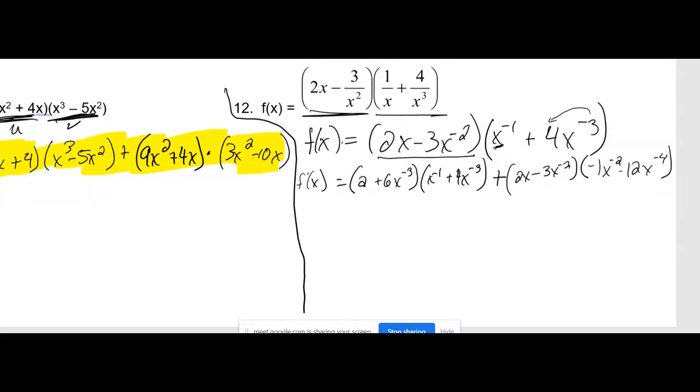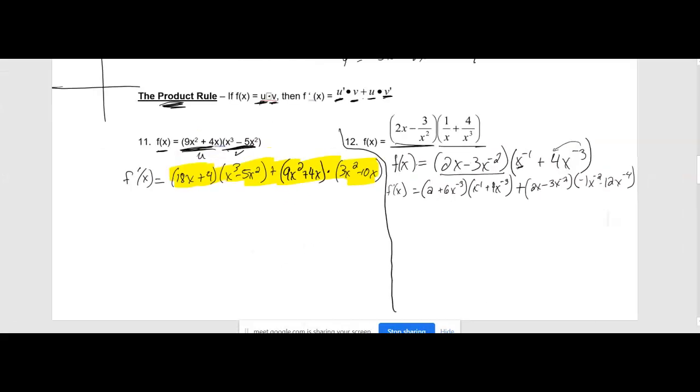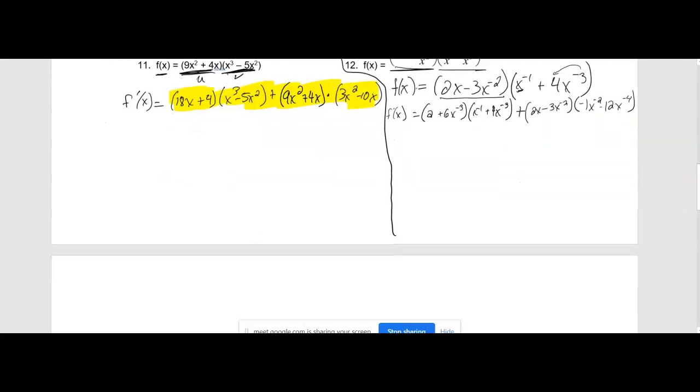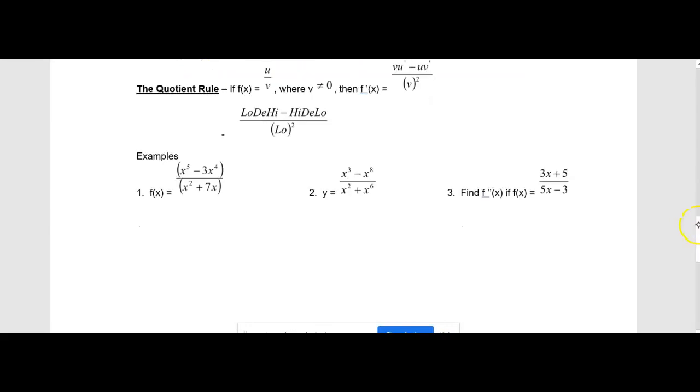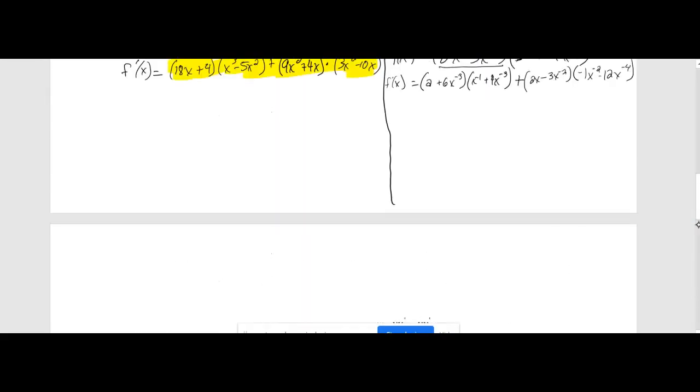For the sake of time and how our current life and world is right now, we're not going to worry about rewriting that with positive exponents or simplifying it even further. We'll move along. What the product rule will really be used for, just so we're aware, is that there's nothing stopping us from multiplying all those out and then doing the power rule.